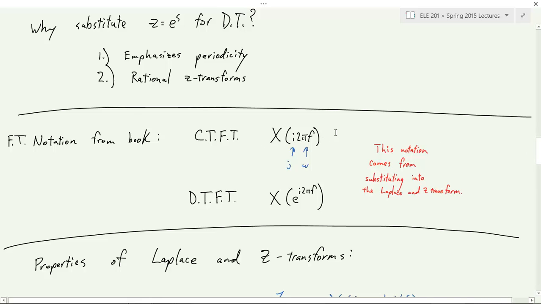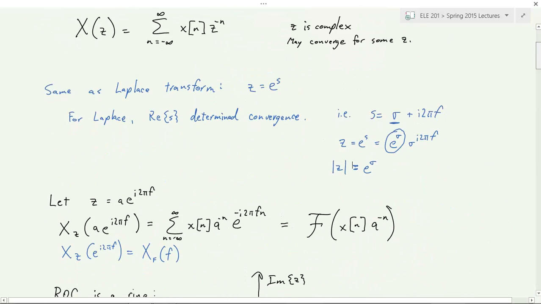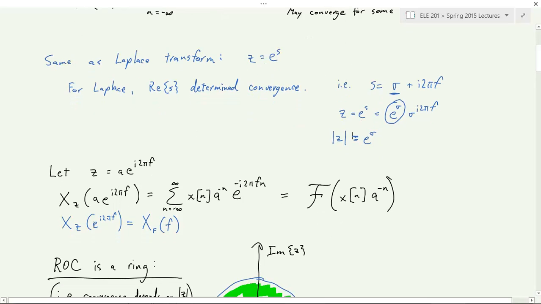This is the Laplace transform where you plug in i 2 pi f for s. And this is the z transform where you plug in e to the i 2 pi f in place of z. Let's go back and notice what we already observed: if you plug in e to the i 2 pi f into the z transform, you get exactly the Fourier transform evaluated at f. So the textbook just adopts this notation from the beginning for the Fourier transform.